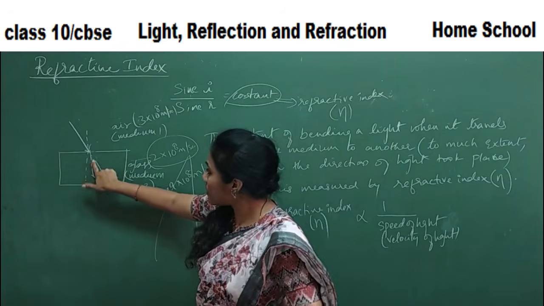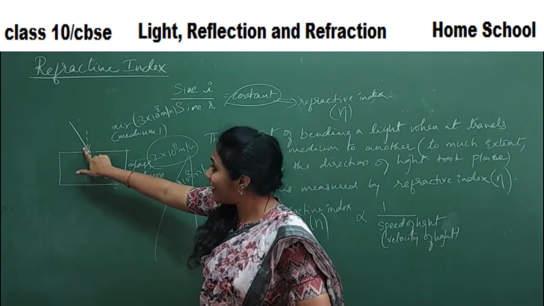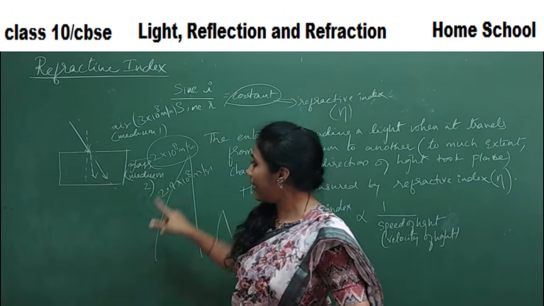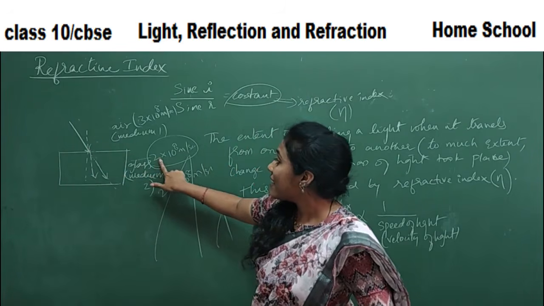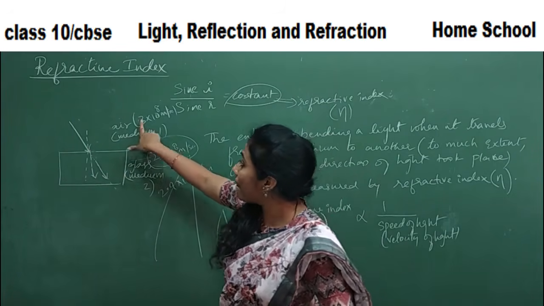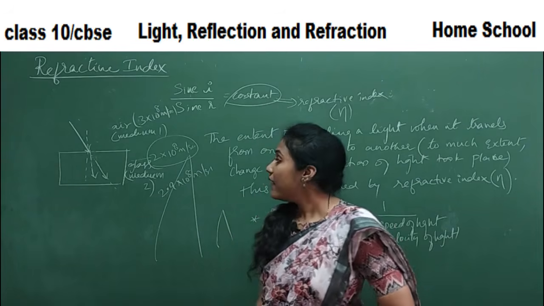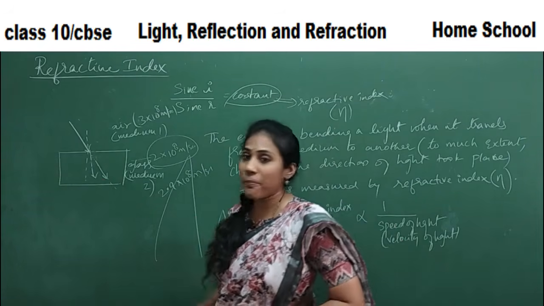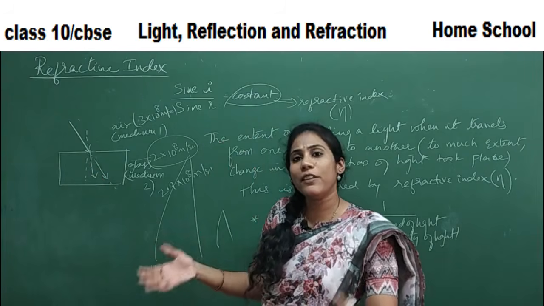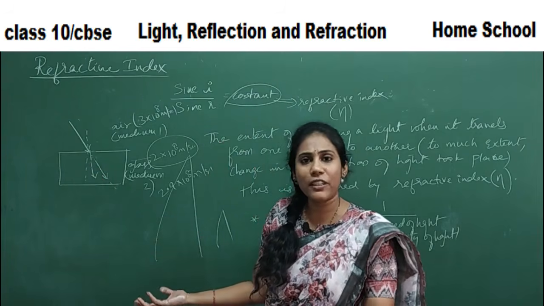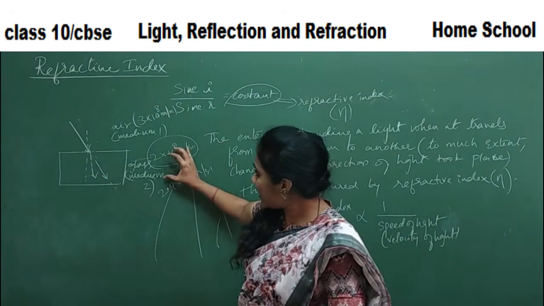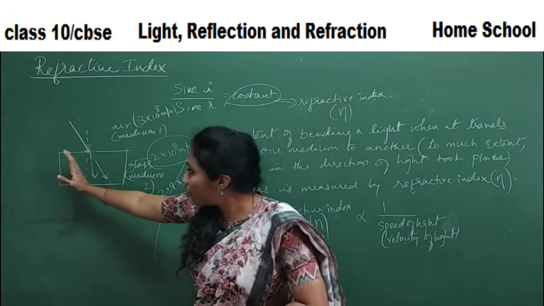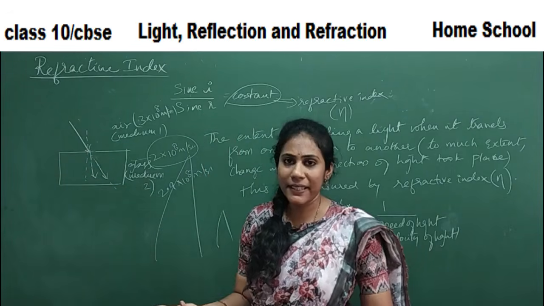Why did you observe this much bending of the light ray compared to the incident ray? Because in glass the speed of light is very less compared to air. That's the reason you have seen this much bending. That extent of bending is what refractive index tells us. So the lesser the speed, the more bending towards the normal or away from the normal takes place.